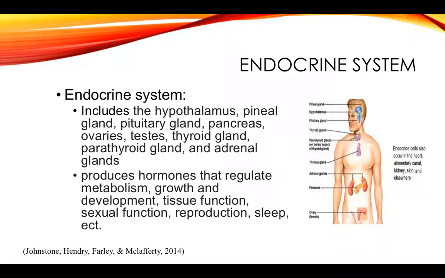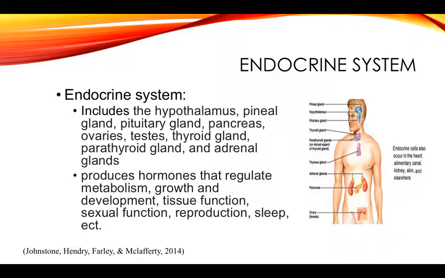Before we dive into Addison disease, I would like to briefly go over the endocrine system. We had a lecture on the endocrine system in week 7, so this is just a brief overview.